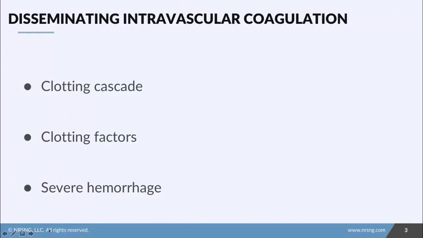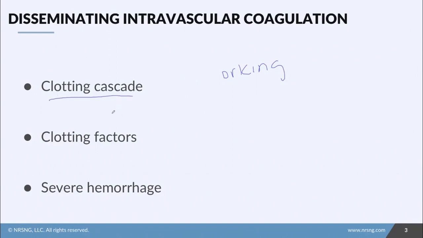This is a very serious condition that is caused by an issue with the clotting cascade. So it's not working properly. We are over-clotting. This occurs in our postpartum patients because the placenta is detached. It's an open wound. So that's going to activate the clotting cascade to start.